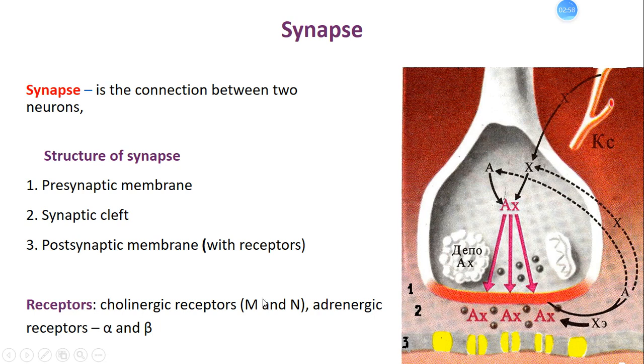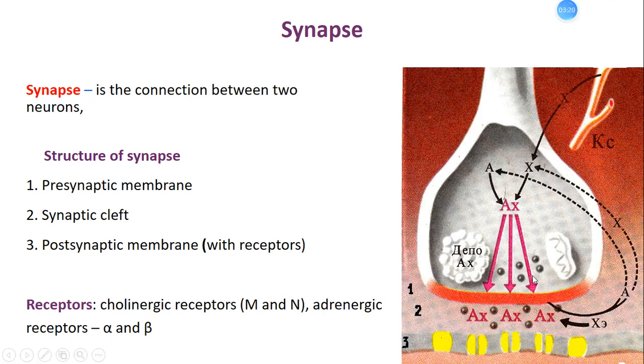So again we can subdivide them into two types. Cholinergic receptors we can divide into muscarinic and nicotinic, and adrenergic we can divide into alpha and beta adrenergic receptors. It depends on the neurotransmitters and the location of organs.